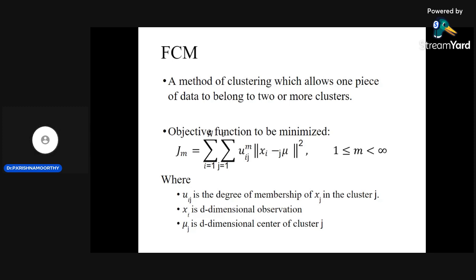Here we specify J_m, the summation over i equal to 1 to n and j equal to 1 to c of u_ij raised to m times the squared norm of x_i minus c_j. The value m ranges from 1 to infinity. Here u_ij is the degree of membership of x_i in cluster j, x_i is a d-dimensional observation, and c_j is the d-dimensional center of the cluster.